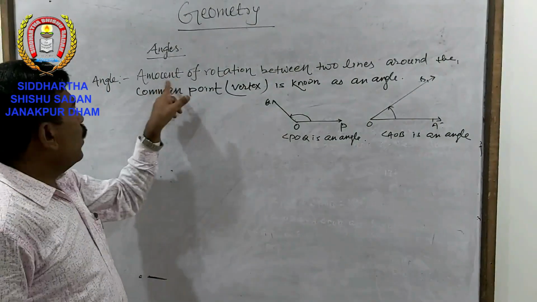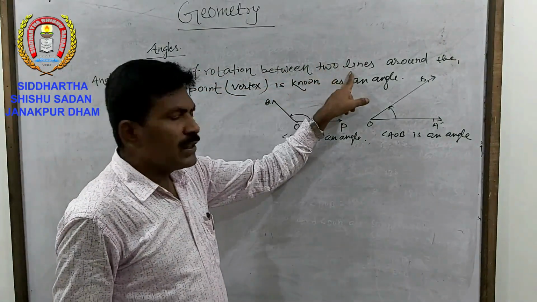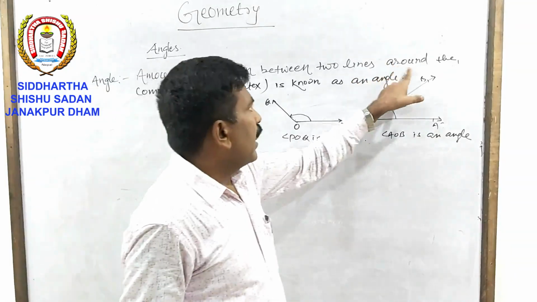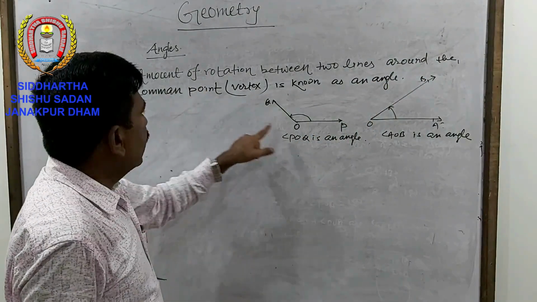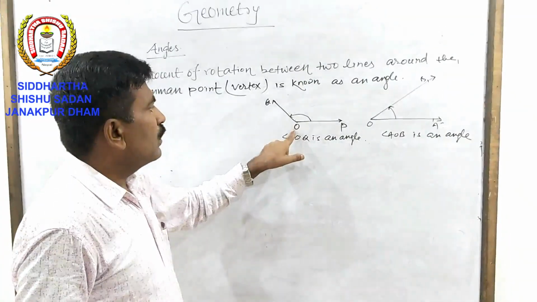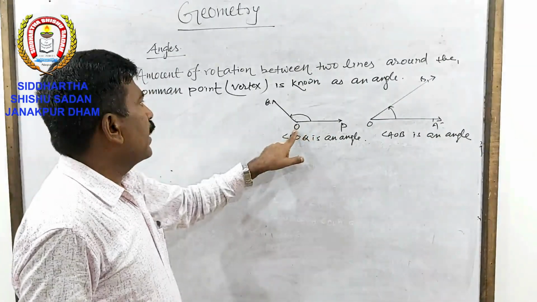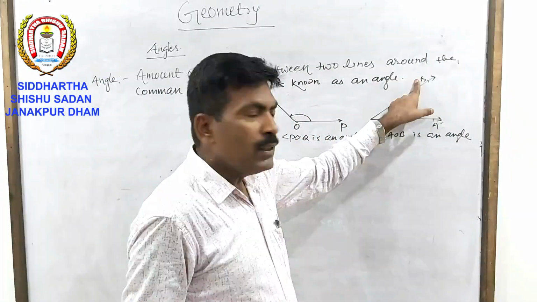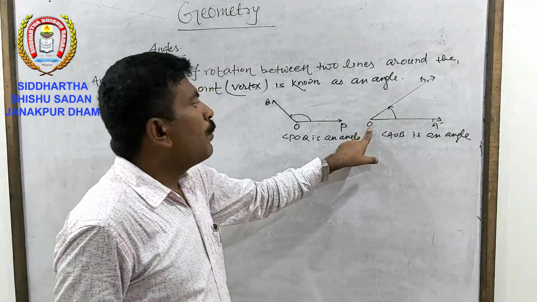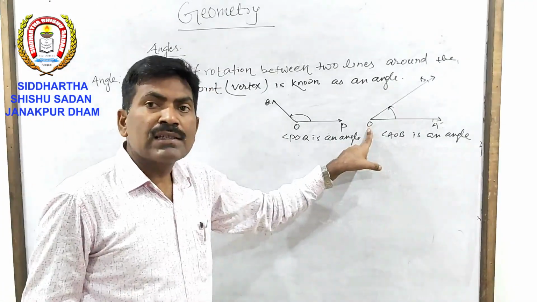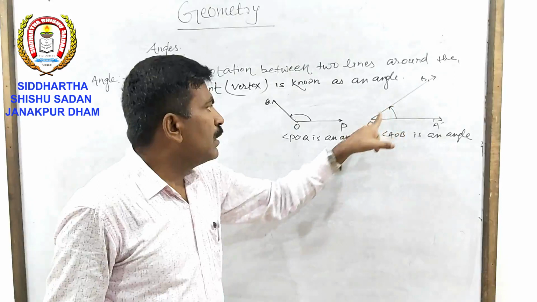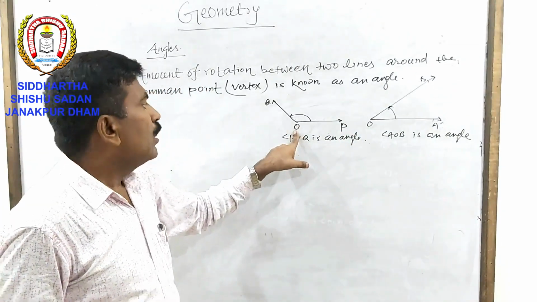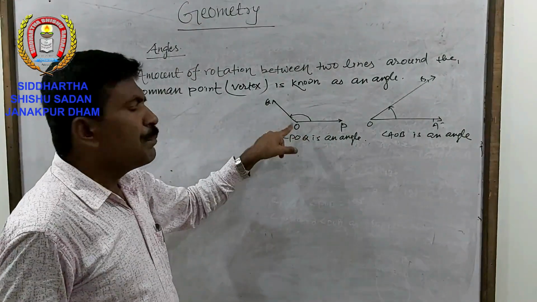Let me see. Amount of rotation between two lines or rays, around the common point. That means this is the common point for the lines OP and OQ. Similarly, OA and OB are the two lines, and O is a common point or common vertex where OA and OB meet. Similarly, O is a common point or common vertex where OP and OQ meet.